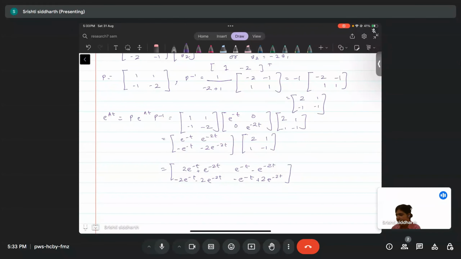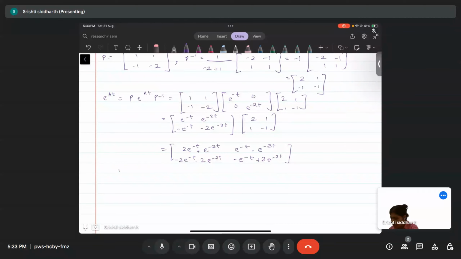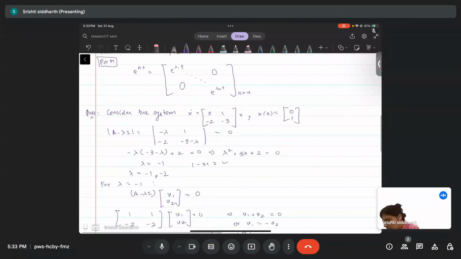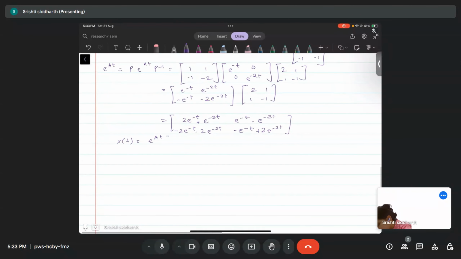Okay, so you have found the state transition matrix, and therefore the solution at any time t is going to be e to the power At times x naught. So x naught is already given, that is 0, 1. So this is simply this column, right?